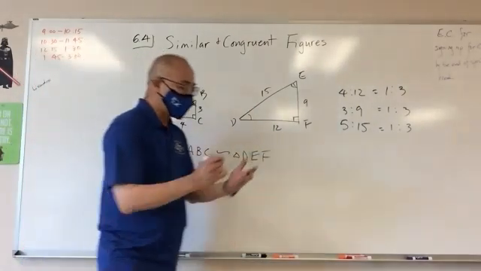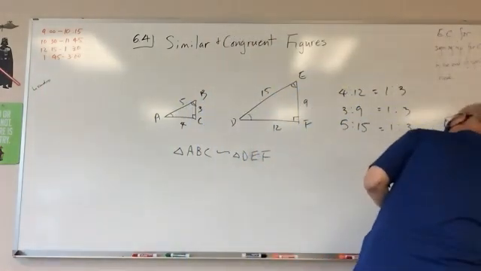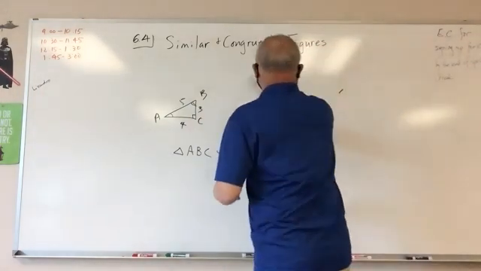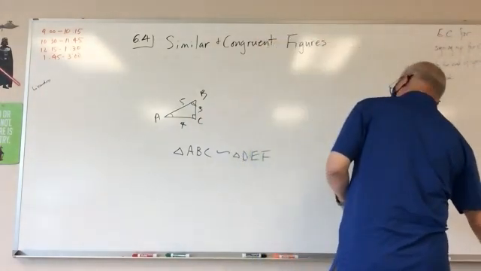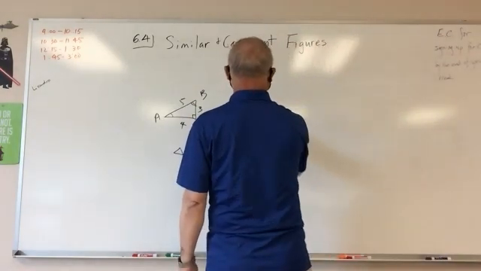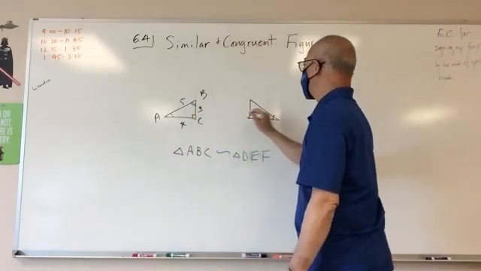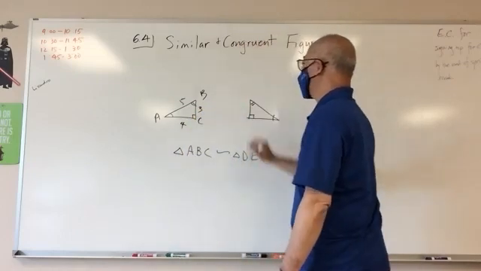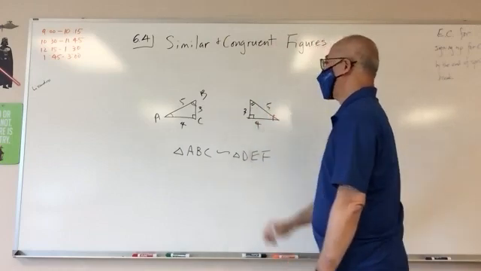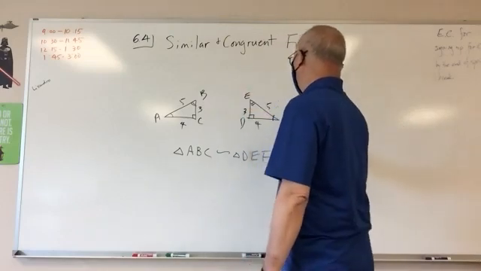Now, if I had a triangle that was actually exactly the same, like this, where this angle and this angle are the same, and it was 3, 4, and 5, and again we'll call this DEF.